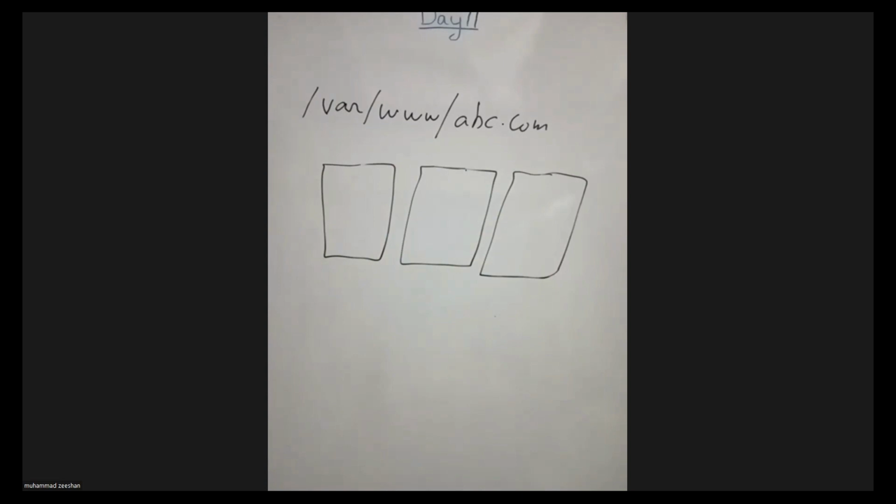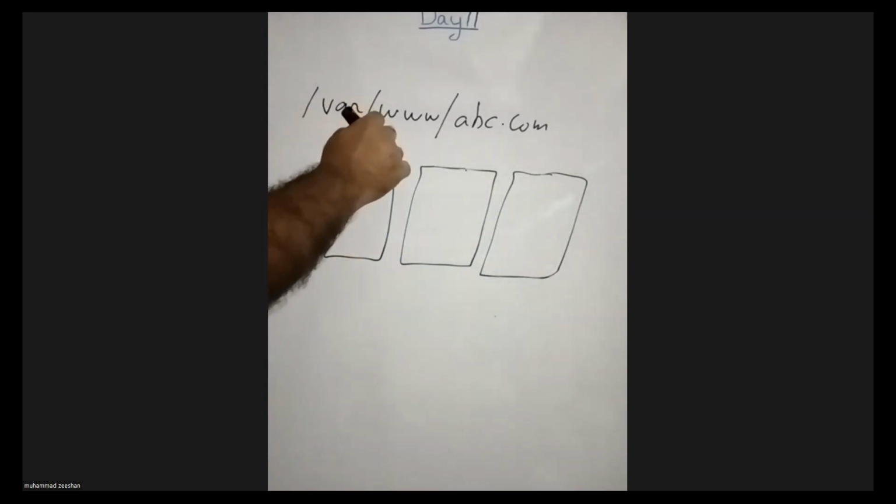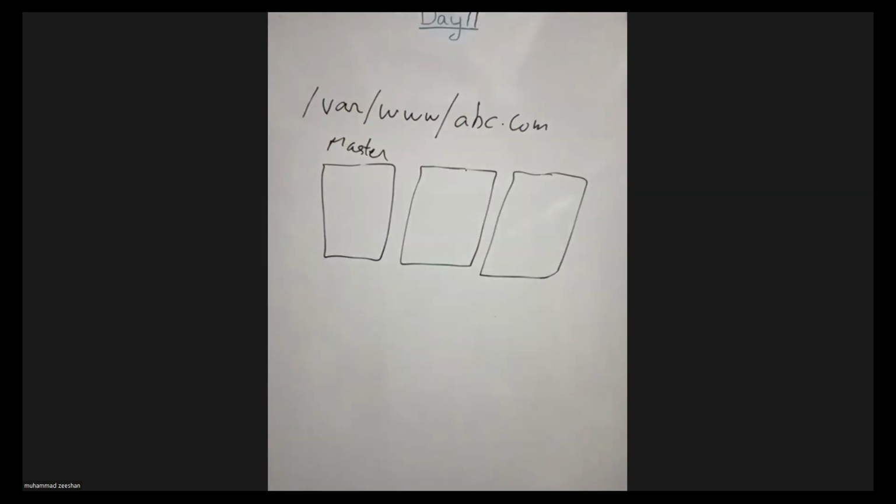Let's say this is my master server and these are all the slaves. We are not discussing here whether they have different content or whether NFS is available. I am taking a very simple scenario: this is abc.com, and our index page or images are available on this server.